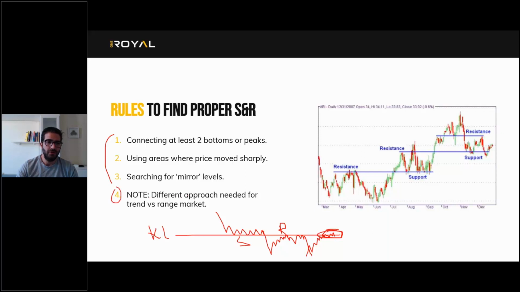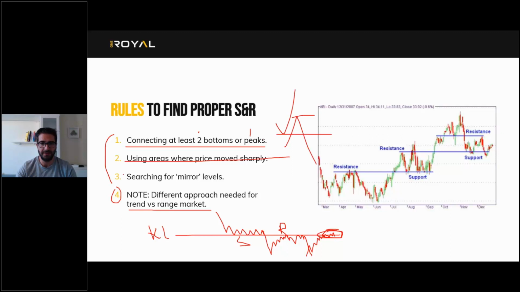Point number 4, different approach needed for trends and range markets. Applying support and resistance in a trending market is different than in a ranging market. We will not discuss this in detail, but all you need to know now is to have a key level or support and resistance, you should connect two bottoms or peaks, where the market moves sharply, you should consider a resistance or support, or use the mirror level, which I just talked about.